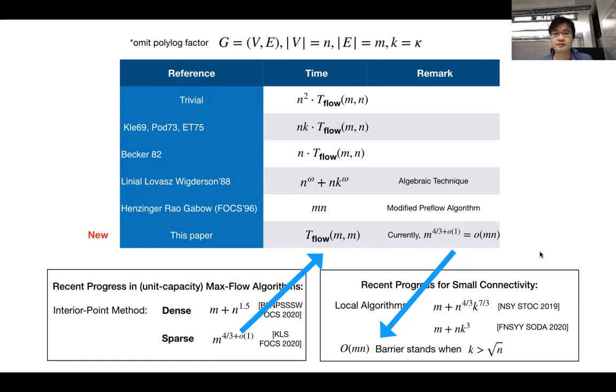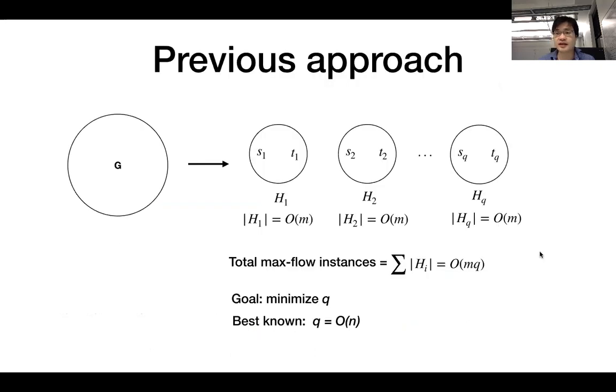So what is the key technique? One way to build this new idea is that in the previous approach, they try to generate many instances of max flow, and each instance has size linear. And then the goal is to minimize the number of calls to max flow, right?